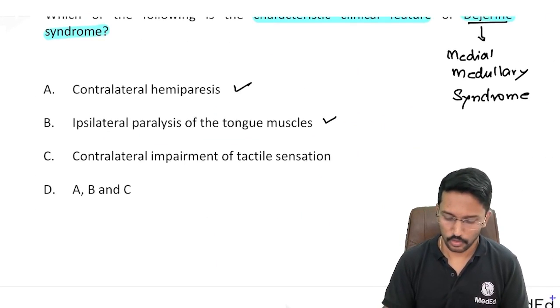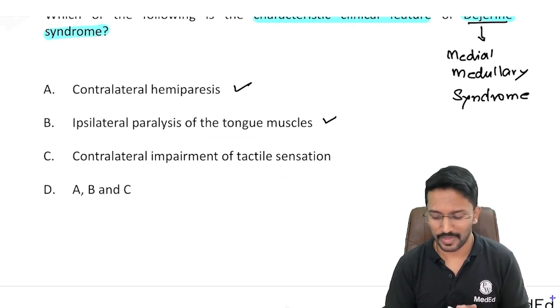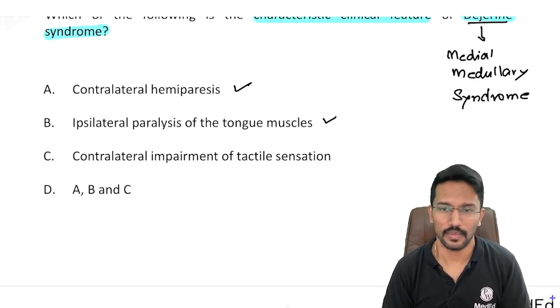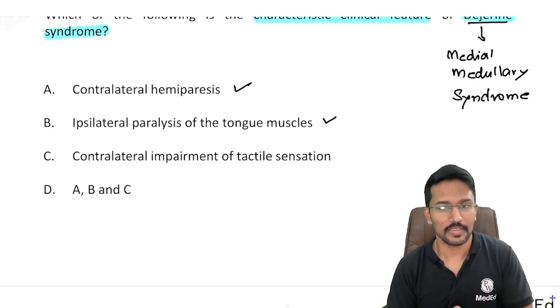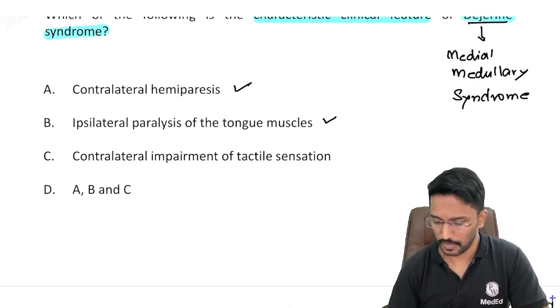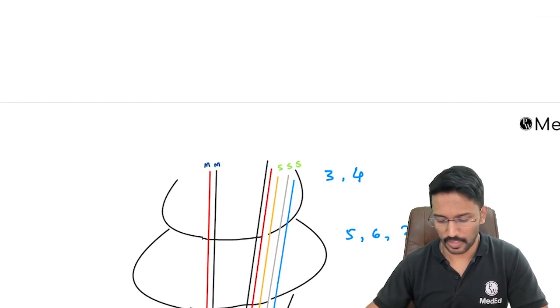Okay. Then contralateral impairment of tactile sensation. The tactile sensation here, we are basically talking about the medial lemniscus pathway and not the spinothalamic tract.